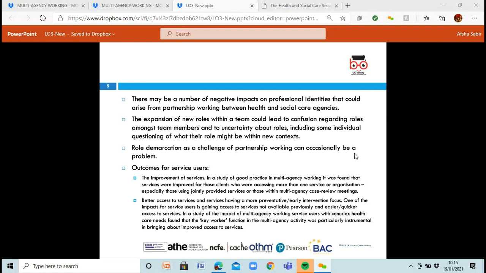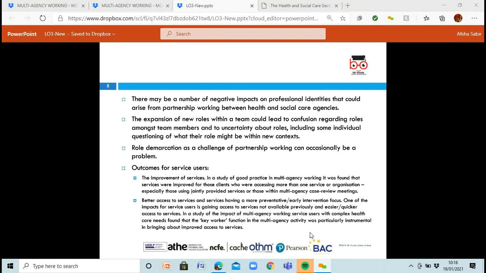There are a couple of good outcomes for the service users on here. What the service users were saying is that the services towards the patients and the clients have become better. Because they're delivering joint services, people are being seen a lot quicker.